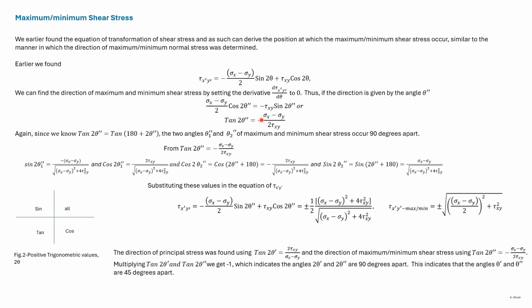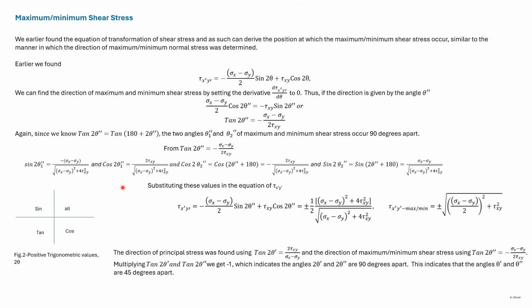Now consider the case where sigma x minus sigma y is positive and tau xy is also positive. Then tan 2 theta double dash will be negative. 2 theta double dash will then be in the second quadrant or the fourth quadrant. Sine 2 theta double dash 1 will be negative, and cos 2 theta double dash 1 will be positive.